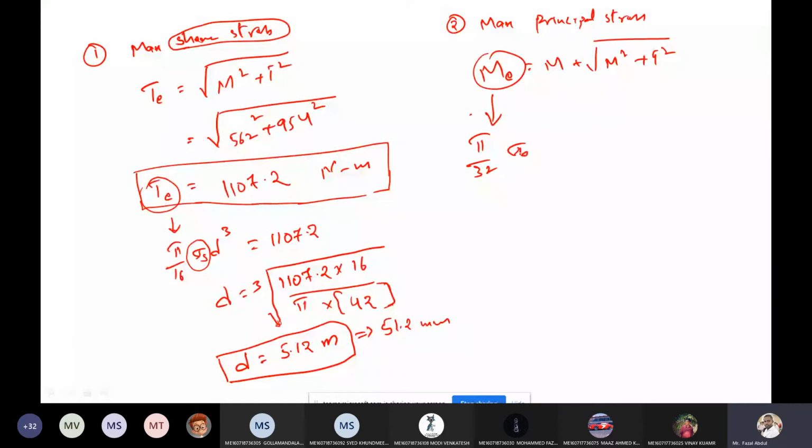The m value is 562, plus square root of 562 square plus 954 square. Substitute all the values here. Sigma b value given in the question is 56 megapascals. Everything is written on the screen; just substitute in the calculator. Tell me the d value in terms of meter.